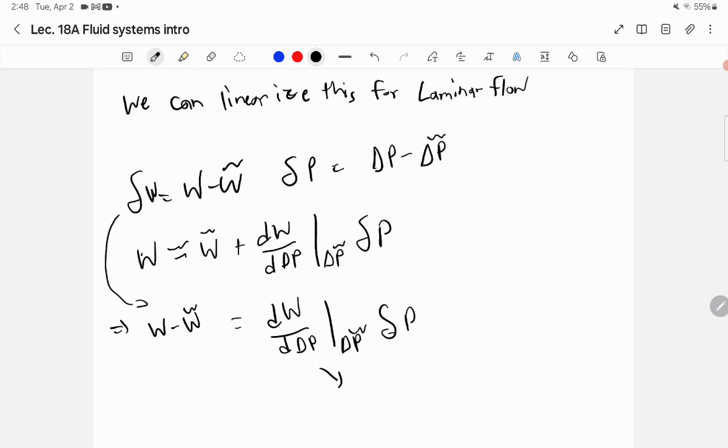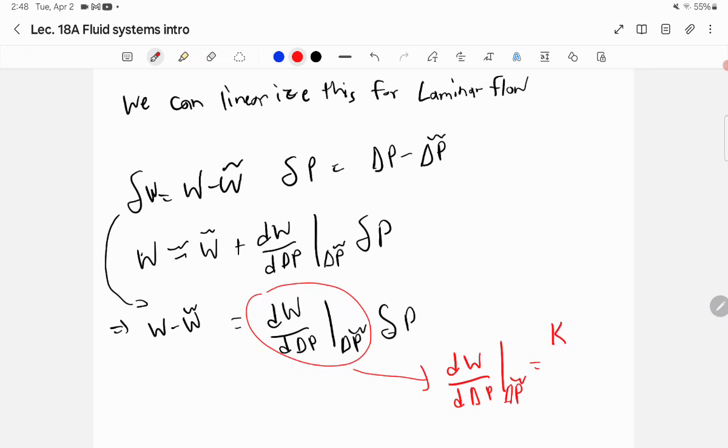And then we can evaluate this term by taking that actual derivative. Dw d delta p evaluated at delta p tilde is going to be equal to k times delta p to the minus 1/2 divided by 2.